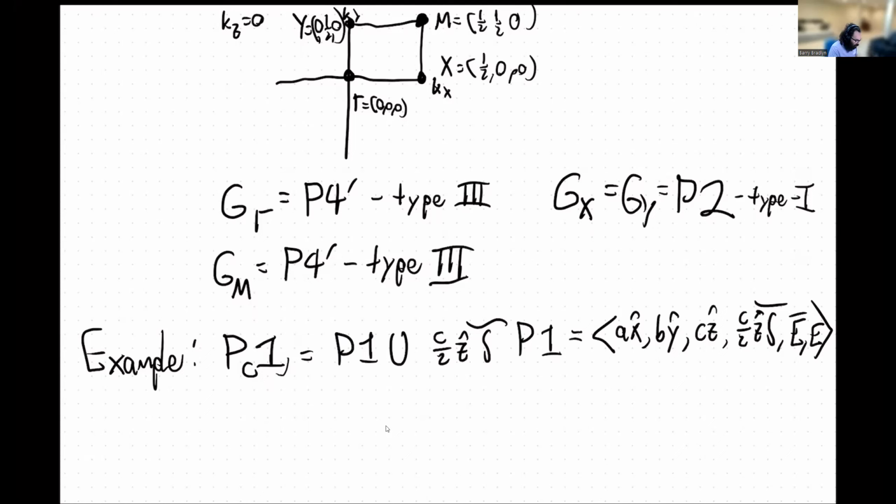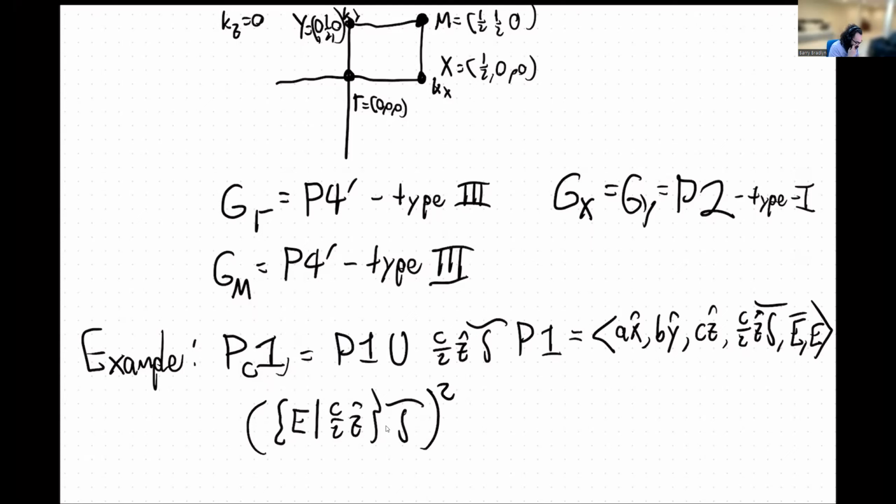Now let's take a look at this anti-unitary operation, c/2 translation times time reversal. If I write it out in terms of site symbols, it looks like this.